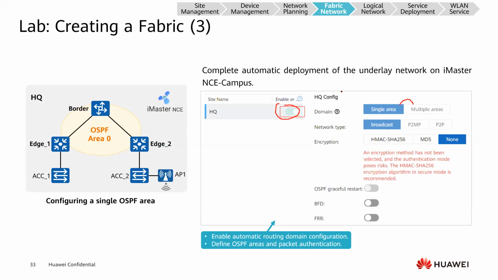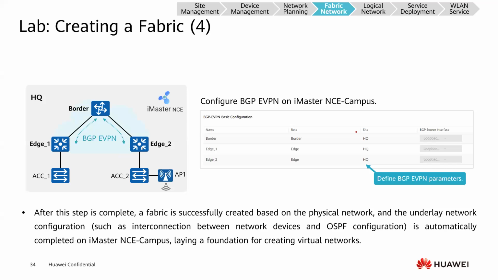Okay, after you deploy the underlay network based on the OSPF, do you remember we chose the border as the RR, and we determined the AS number and the RR cluster ID?